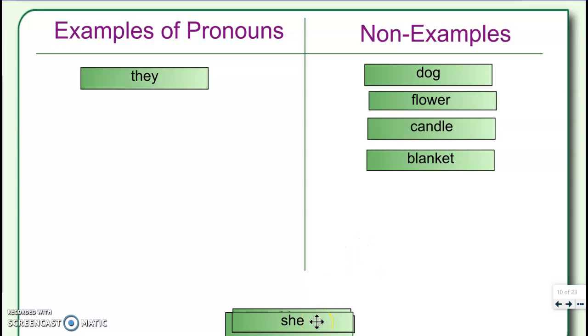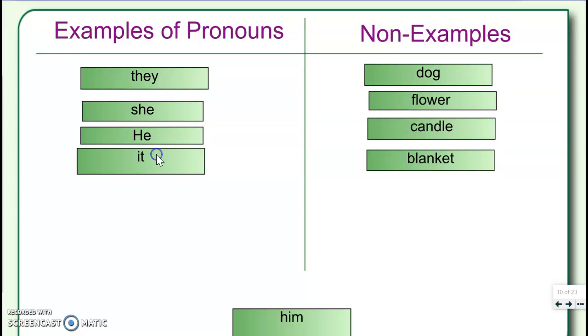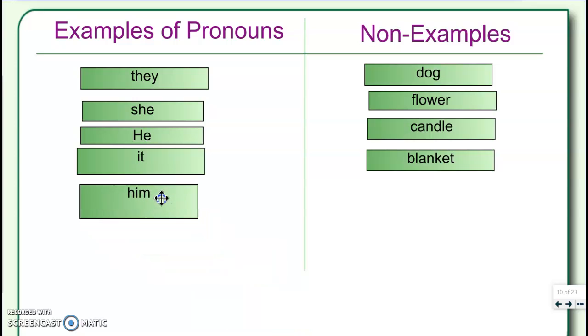Isn't she one of our examples of pronouns that I mentioned earlier? Jan ran outside, and you could replace it with she ran outside. He is a pronoun. It is a pronoun. And him is a pronoun.